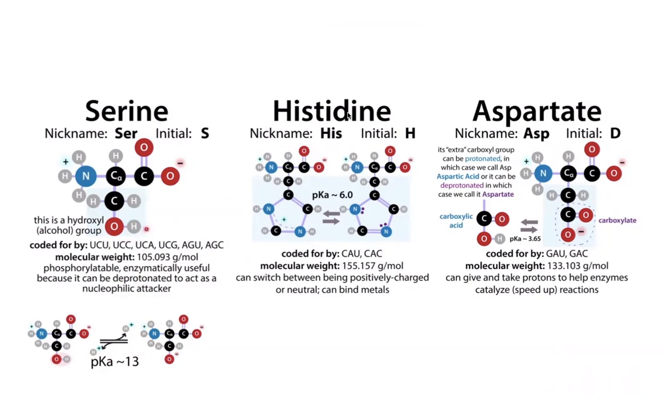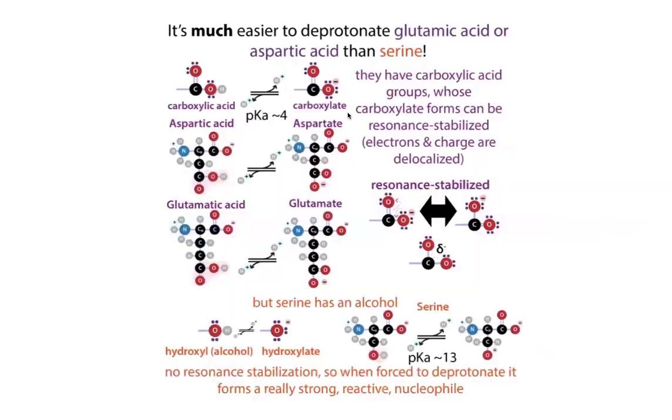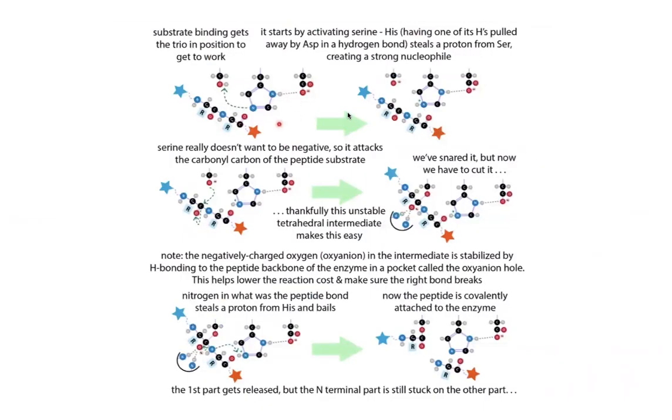And so we're going to find that serine gets its proton stolen by histidine, and histidine is made more basic, more wanting to take that proton, by an aspartate being nearby. So what you have is basically a pocket on the enzyme in the active site, a substrate binding pocket. And substrate binding there is going to get that trio into position to work.